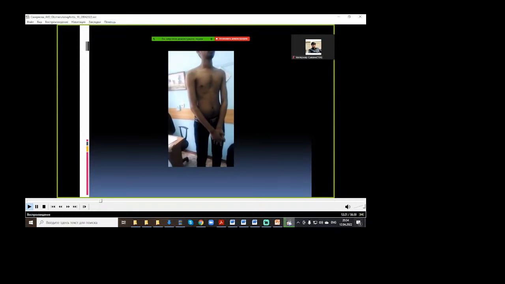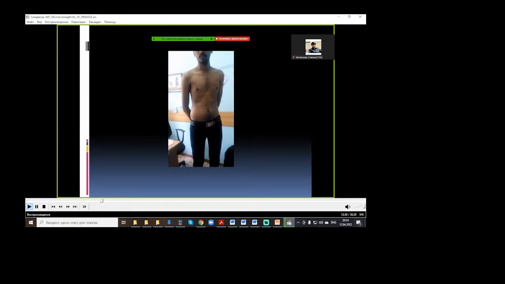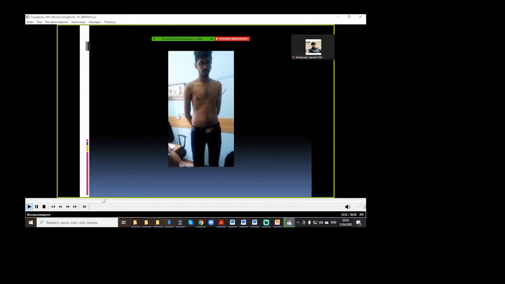Palpation of the kidneys is performed in 2 positions, vertical and horizontal. Why in 2 positions? Because we may diagnose a movable kidney. Normally the kidney is movable only 2 or 3 centimeters due to inspiration and expiration, due to the moving of the diaphragm. This is normal. But in some patients, the kidney may be more movable, for example 5 or 10 centimeters.